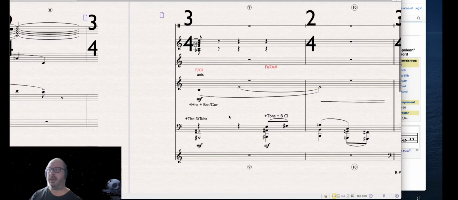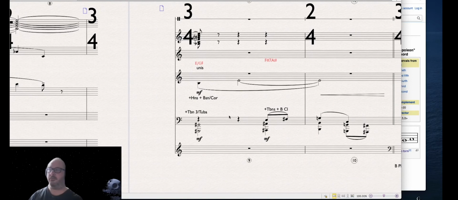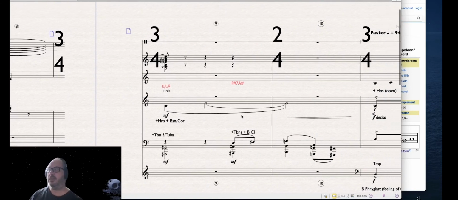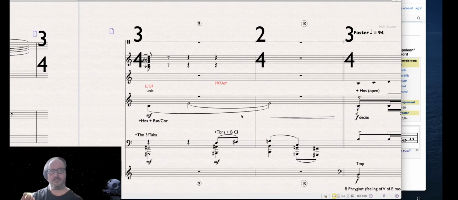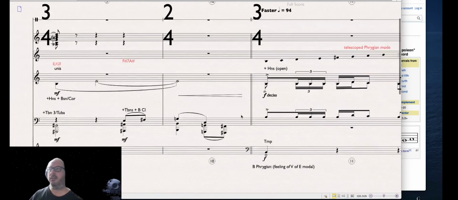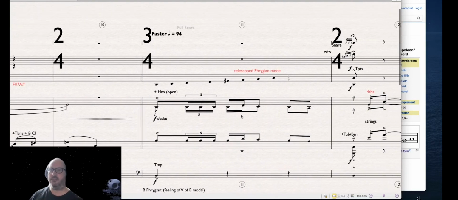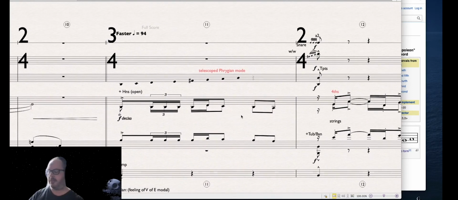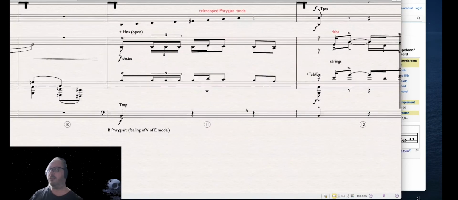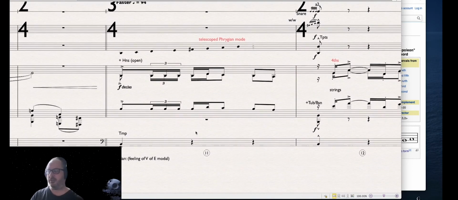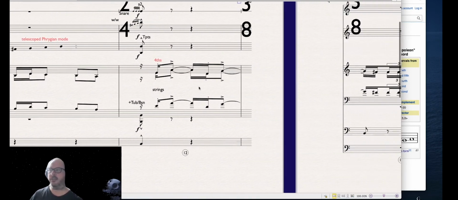So this is the bit which I pointed out earlier, where the bass creeps in for the first time, and then we get into the militaristic droid army. I've got a feeling of B Phrygian mode here. And I said telescoped in the sense that it's spread melodically out over the next 2 or 3 bars.